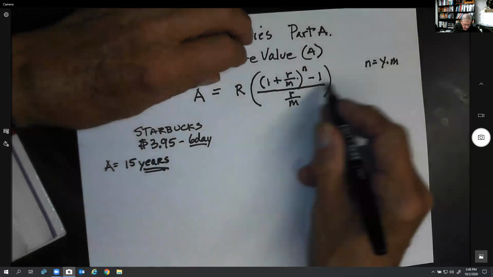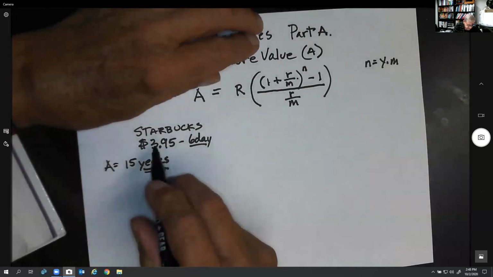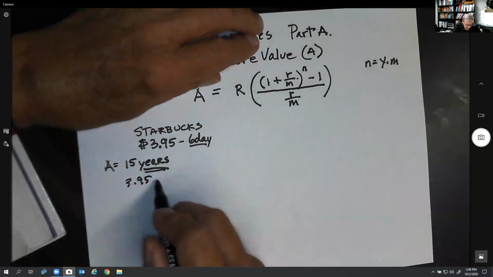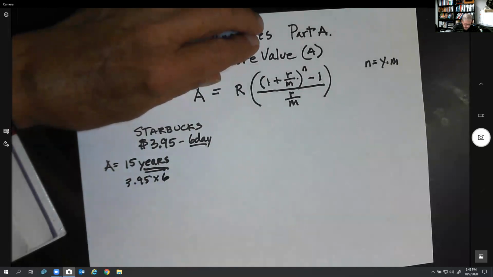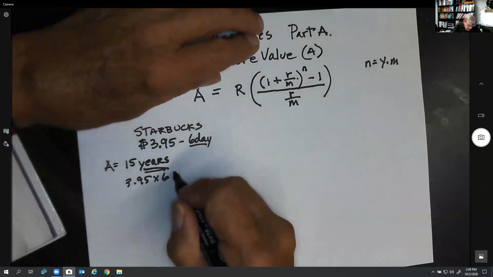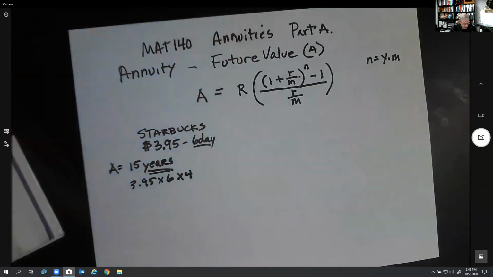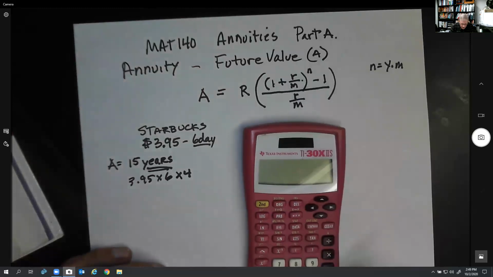Now, you couldn't put $3.95 into an account every day, so you're spending $3.95 6 days a week, and there's usually 4 weeks in a month, right? So on an average, each month you're spending, and of course you're going to need a scientific calculator, you're going to be spending $3.95.